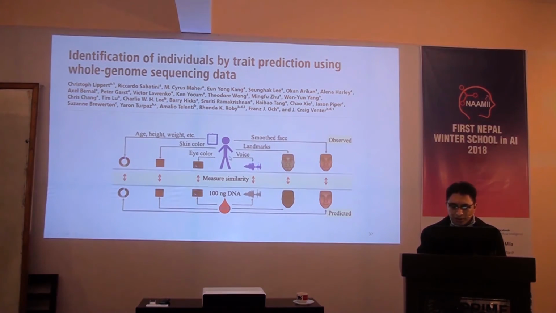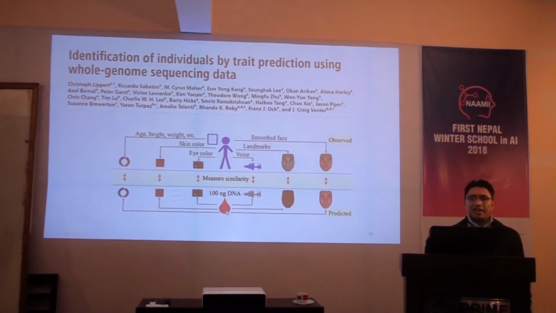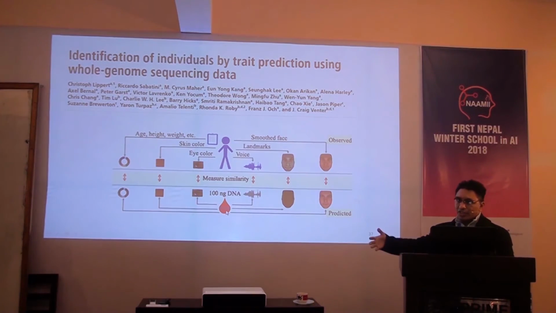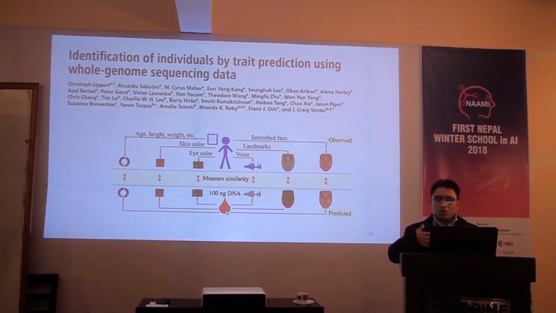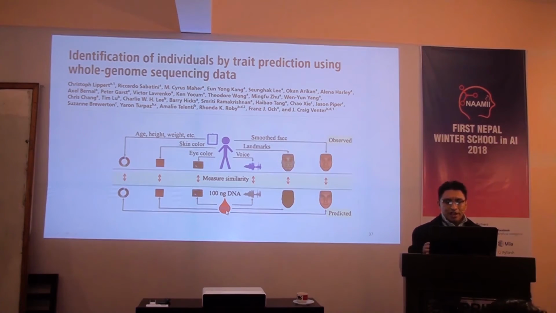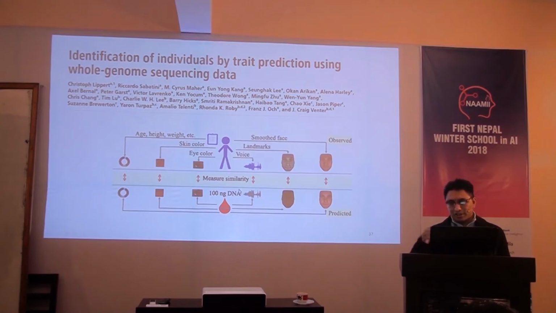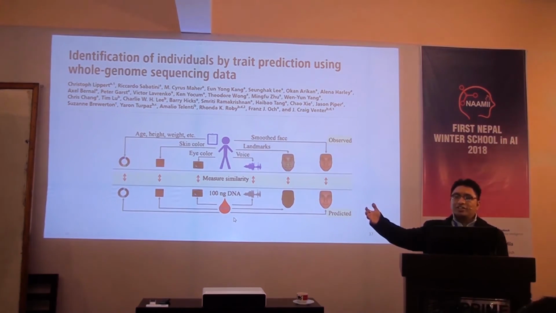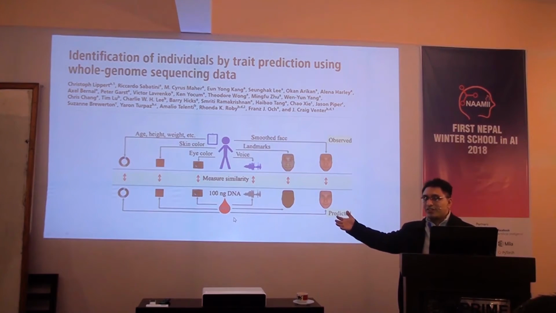And then they also took a blood sample and identified the DNA sequences, and they tried to correlate these features. And what they found was that, using machine learning models, they could predict from DNA, looking at the genetic material, what kind of facial features that particular individual has.